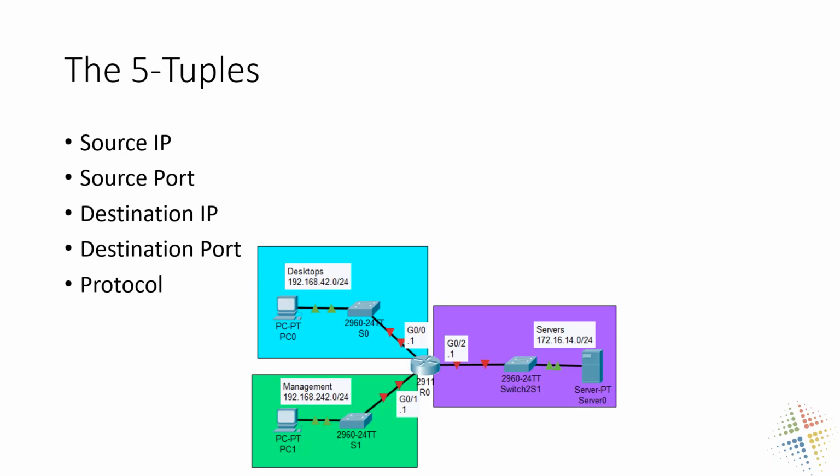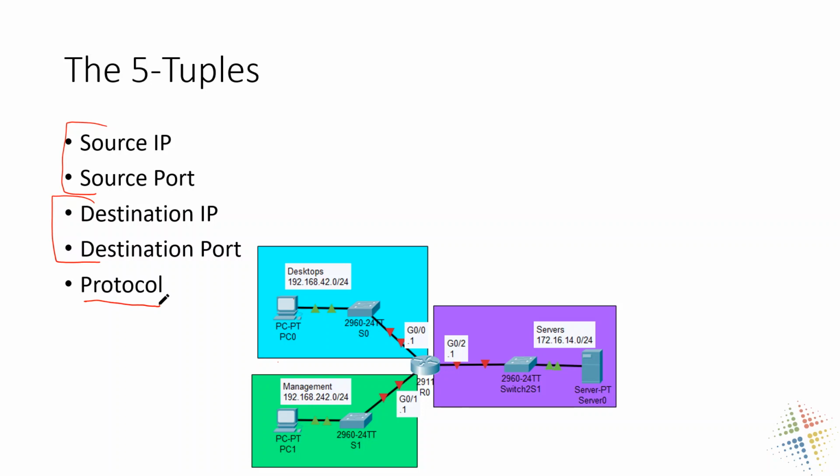The 5 tuples basically look at traffic to determine whether it should be allowed or denied into the environment. It looks at the source IP and source port of traffic. So when it looks at traffic, it sees where you are coming from. It then looks at the destination IP and destination port. Where are you going? And then also the protocol, or how you are getting there.